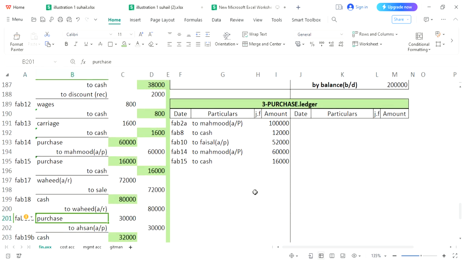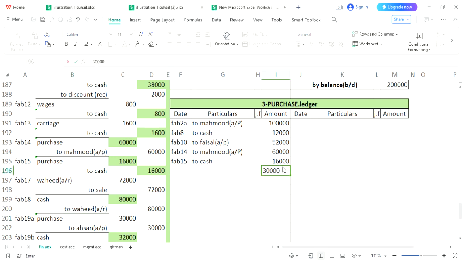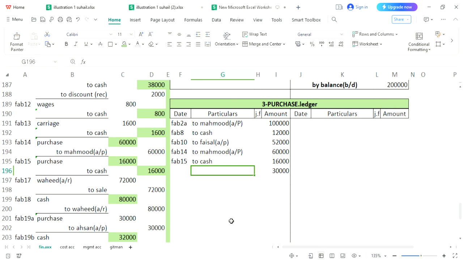Purchase is debited by 30,000, choosing the debit side of the ledger and writing 30,000. See its reference. For this 30,000 we have posted. What is written on the opposite side? SN. So write down SN. In the reference column for 30,000, SN is written as reference.